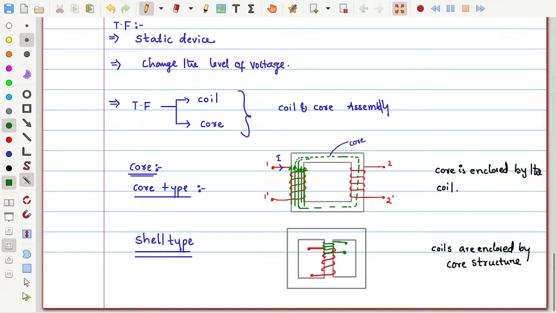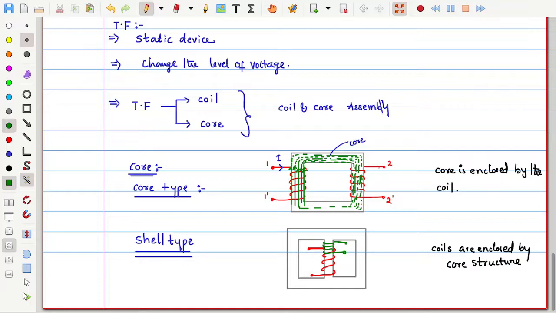So all flux lines are flowing through the core and nowhere going out of this core path, so that the flux produced inside coil one dash is associated with the coil two dash. This is effective flux linkage. Means there is no wastage at all. Total flux which is produced here is linking with coil two dash, so that more induced EMF can be developed and more current can be produced by this coil. That is the effective way of making the power transfer.